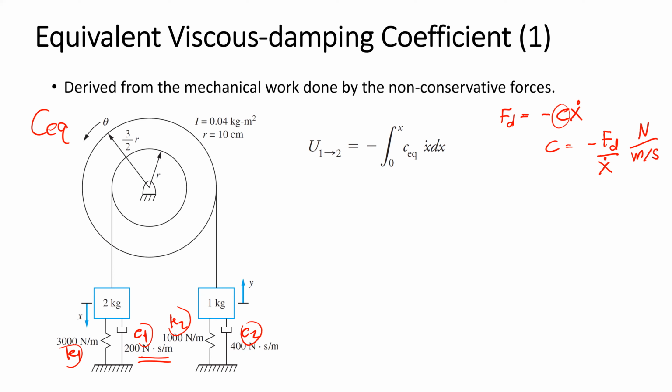So finally, the unit for the damping coefficient is Newton second per meter. So let's obtain the C equivalent for this system.